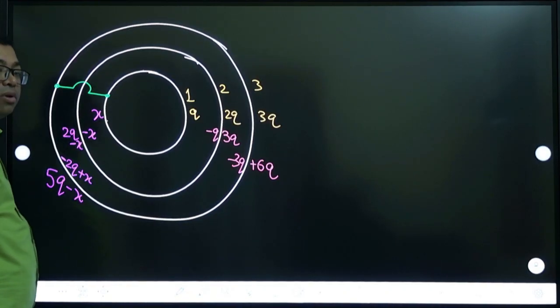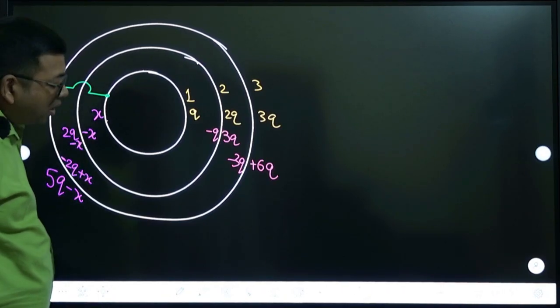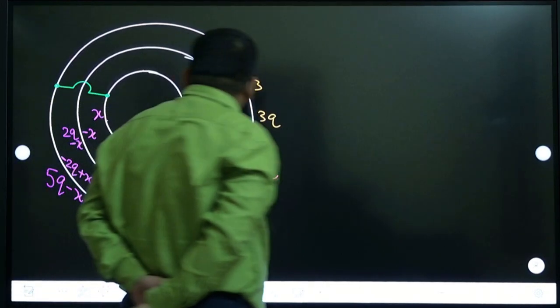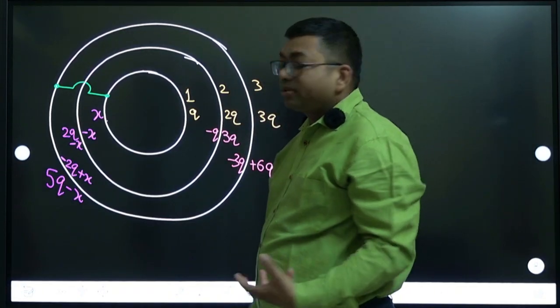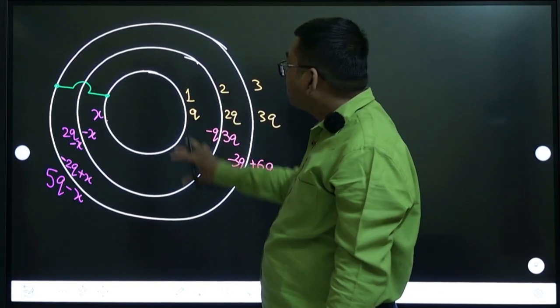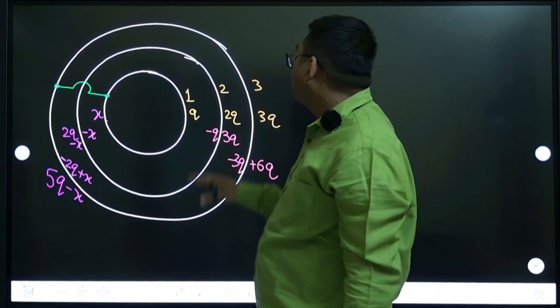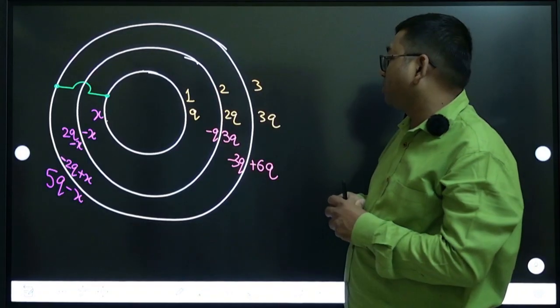Will this happen or not? What do you think about it? If I am thinking in terms of induction, we are writing it this way. But one thing to note is that the total charge of first and third will be 3q plus q, so 4q should be there.